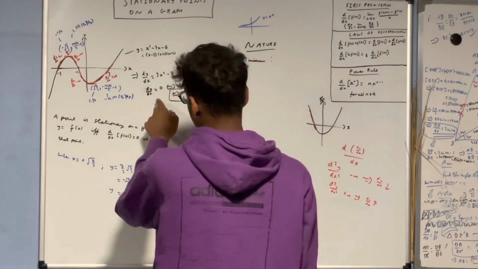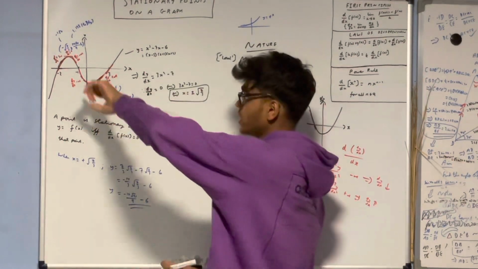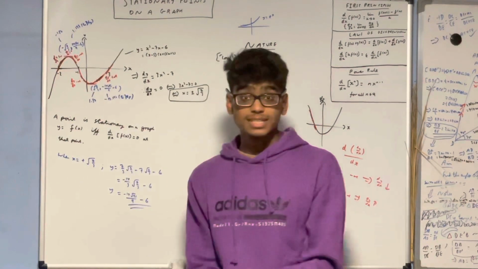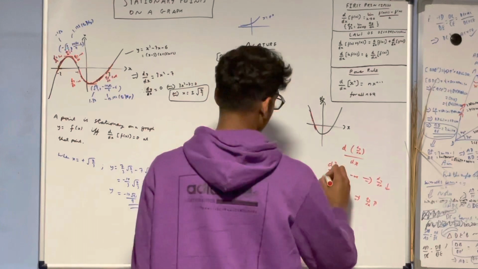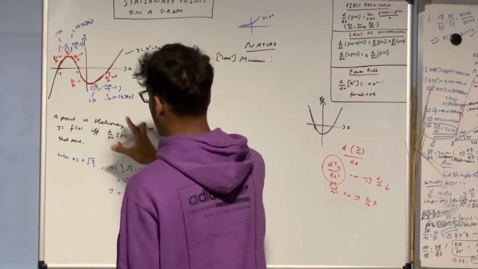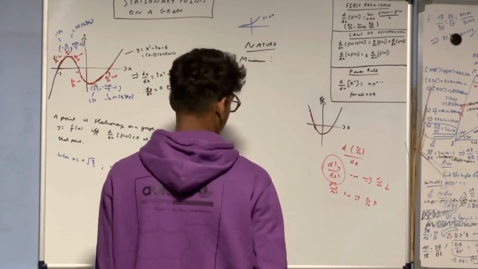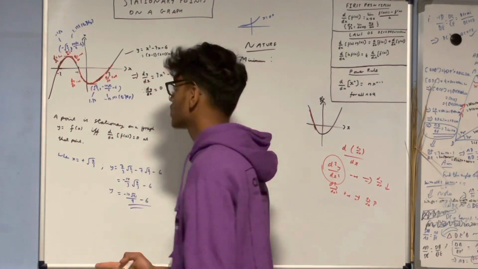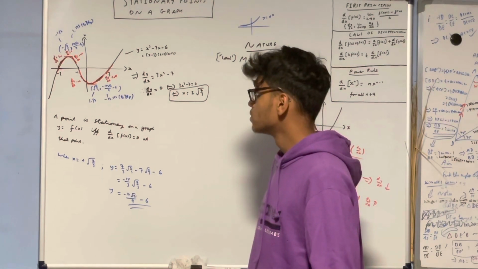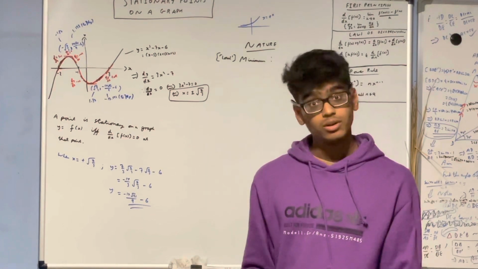But if dy by dx is 0, the graph is stationary. Here dy by dx is negative, here it's positive. It's the same logic. So if I know the value of d squared y by dx squared at these stationary points, then I can work out whether the graph is a minimum point, a maximum point, or even a point of inflection.